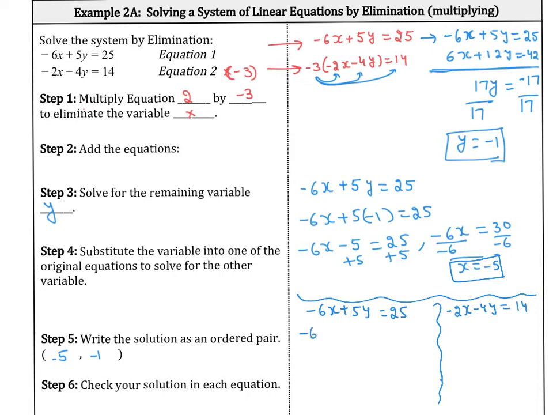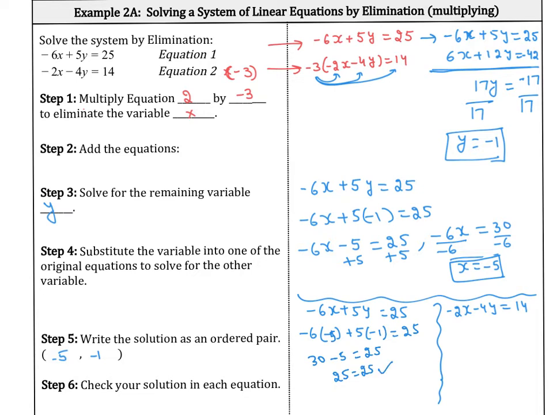Now you use the x value of negative 5 and the y value of negative 1, plug them into the equation and see if the two sides are equal. So here you get 30 minus 5 equals 25. So 25 equals 25, so that's true.